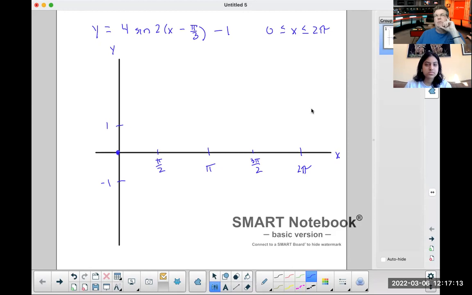At 0 degrees or 90 degrees? Isn't it 1 at 0 degrees? For sine? Sine. My bad. So at 90 degrees, sine is 1. So at pi over 2, it should be 1.